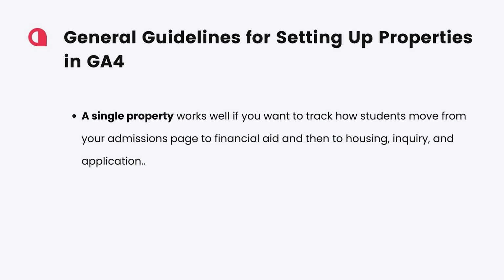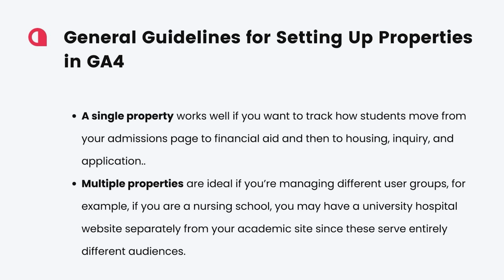A single property works very well if you want to track how students move from your admissions page to financial aid and then to housing, inquiry, and application. But multiple properties are ideal if you are managing different user groups. For example, if you are a nursing school, you may have a university hospital website separately from your academic site, since these serve entirely different audiences.